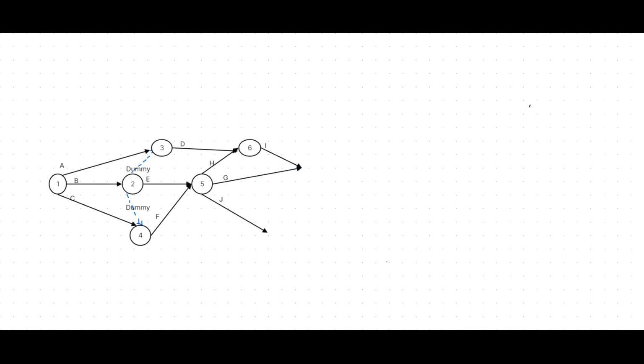But you can't take the J because G and J start from the same event, the 5th event. What is the next? The question said if you want to start K, need to complete G, I, J. Now I have a problem.